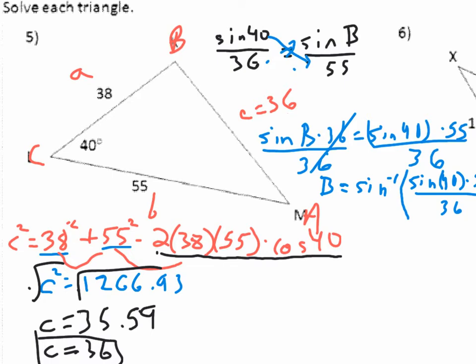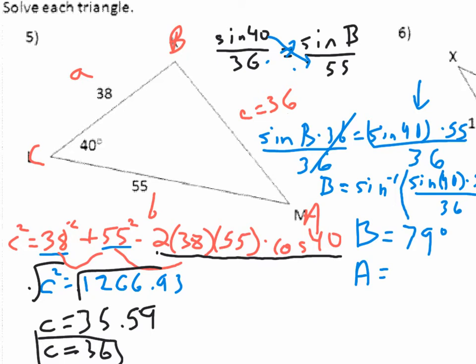Again, you can do it step by step and turn it into a decimal first. Totally fine. And I got 79.12 degrees. Again, since everything is whole numbers in this already, let's just leave it as a whole number, 79 degrees.